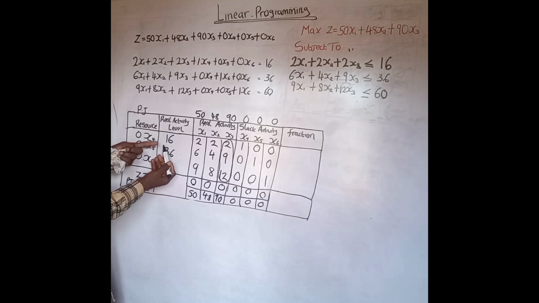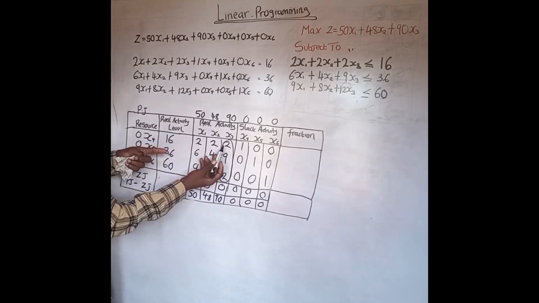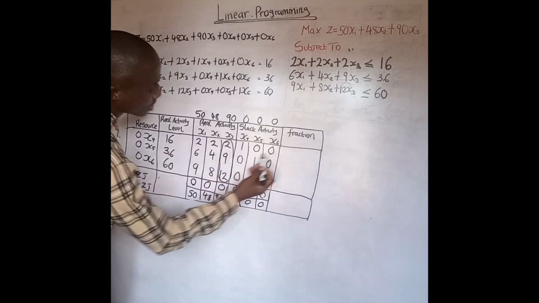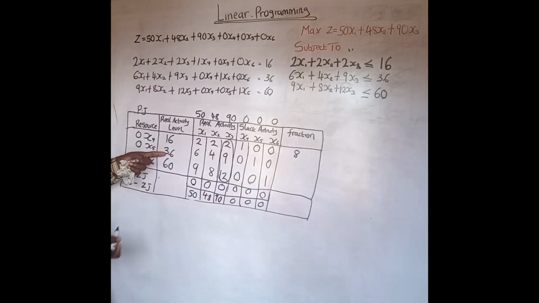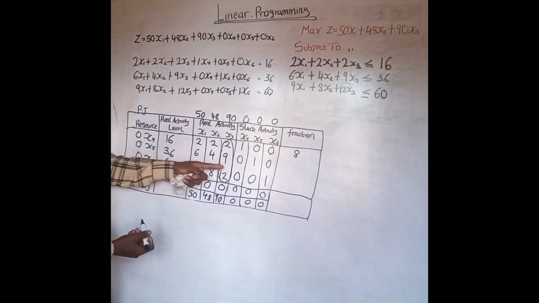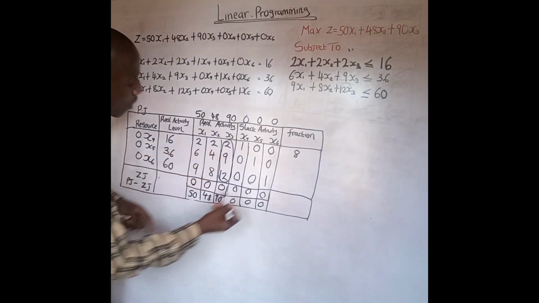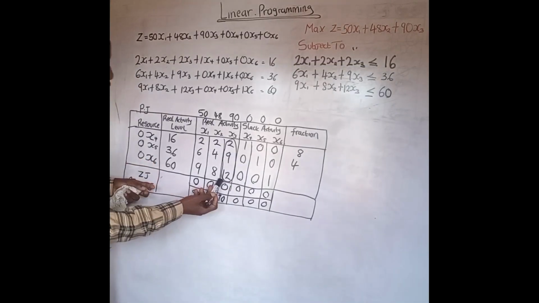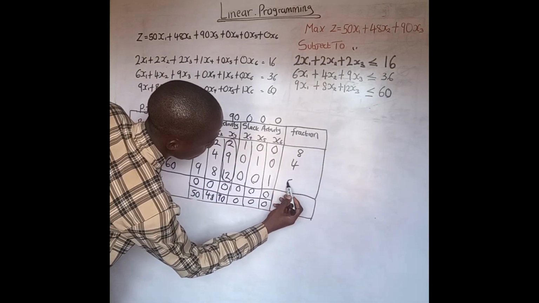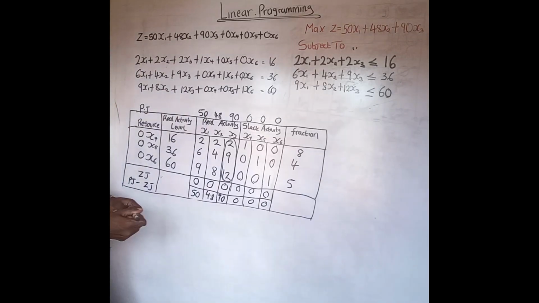Therefore, 16 divided by 2 will give me 8. That's the fraction. 36 divided by 9 will give me 4. 60 divided by 12 will give 5. Now, you have gotten the value of your fraction.